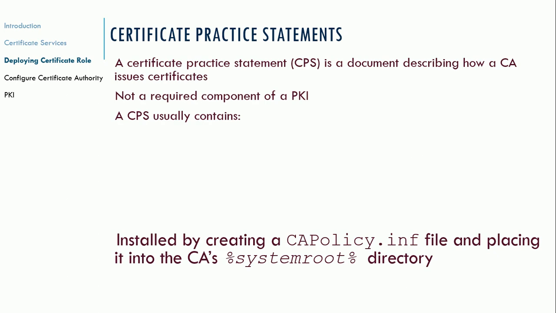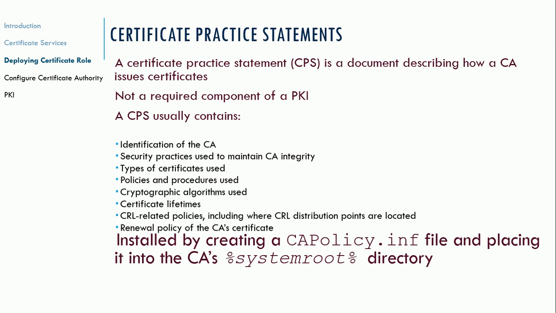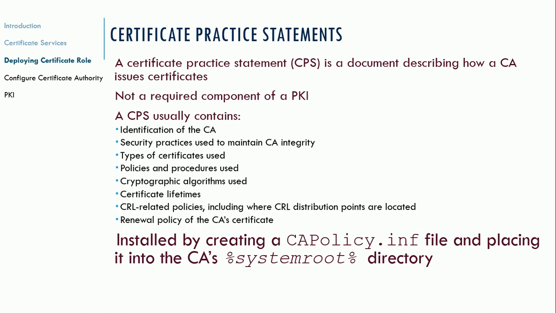A practice statement or a certificate practice statement, a CPS, is a document that describes how a CA issues certificates. This is not required for PKI, but it's used in Active Directory. So the CPS will usually include these components that you see on the slideshow.